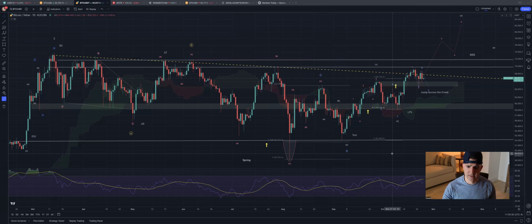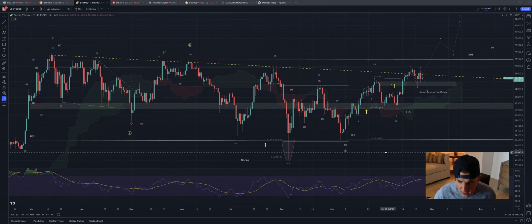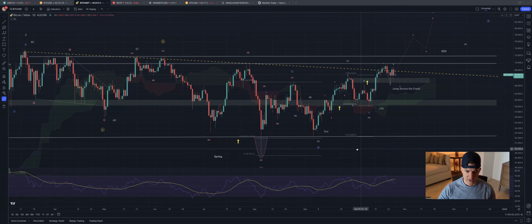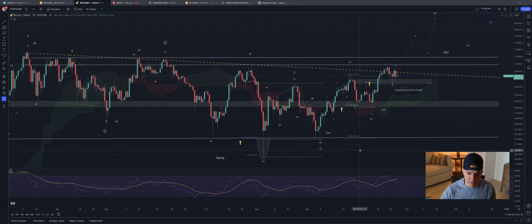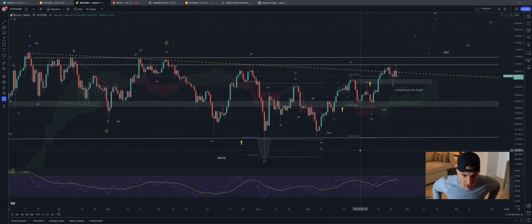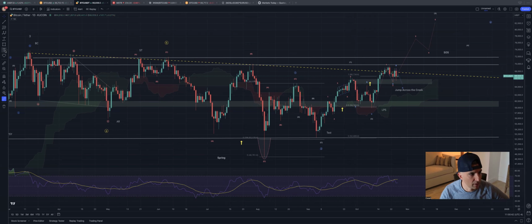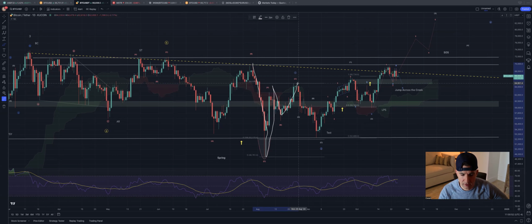All right, now we're back to the daily chart. And again, there's nothing but bullish price action going on right now and has been since August. What do I mean by that? My interpretation in terms of an Elliott wave count is, we had this spring, and then we had a three-wave move to create this first impulse.